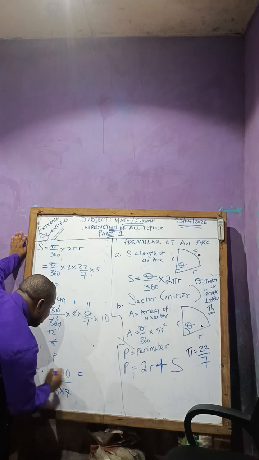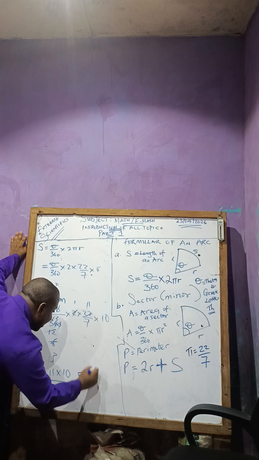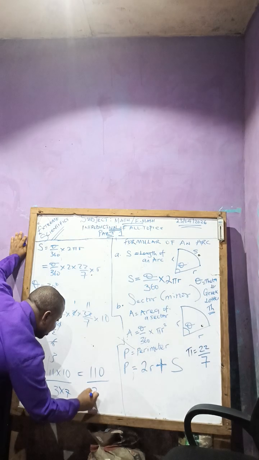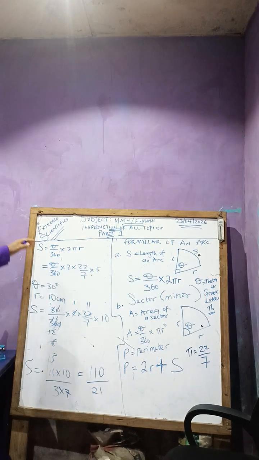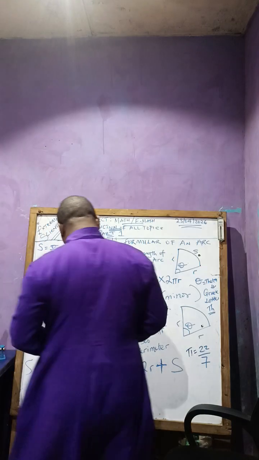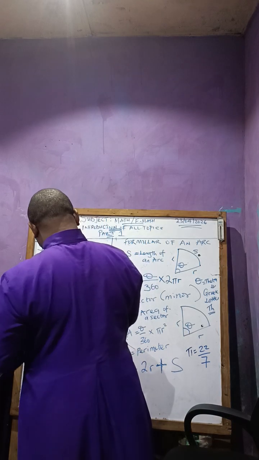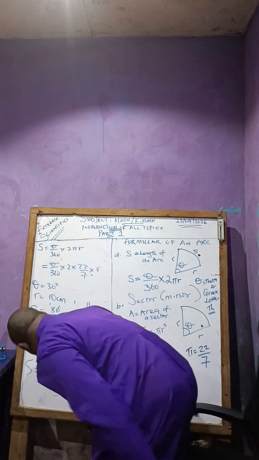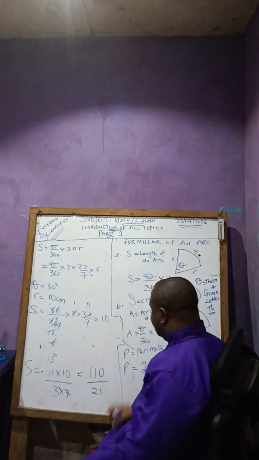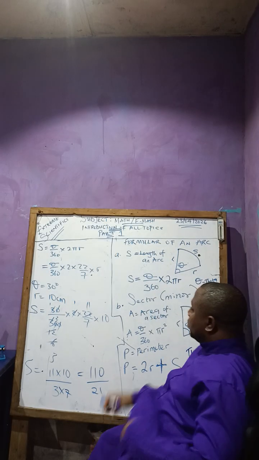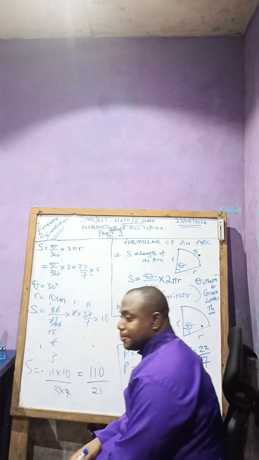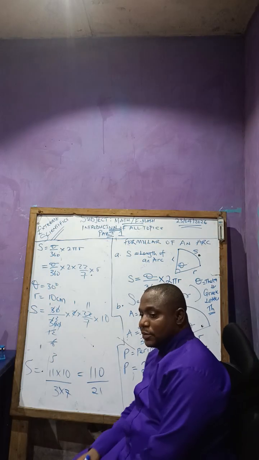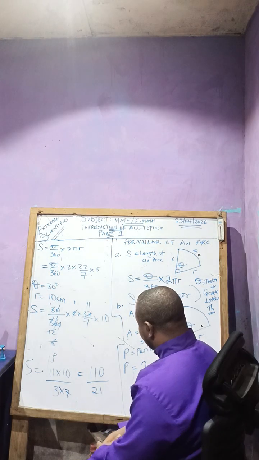It's equal to 110 over 21. So you can use your calculator there. 21 goes into 110 five times, remaining 5.